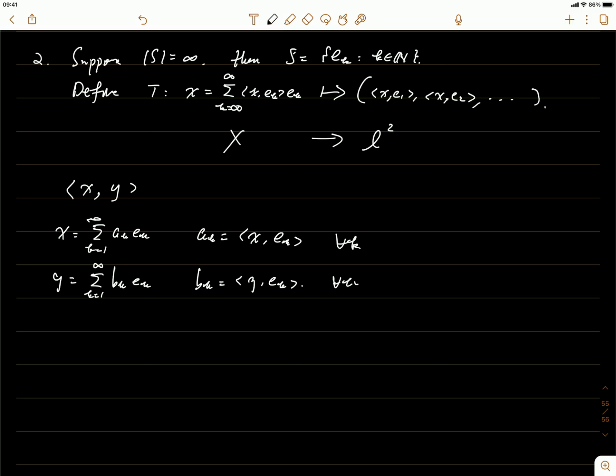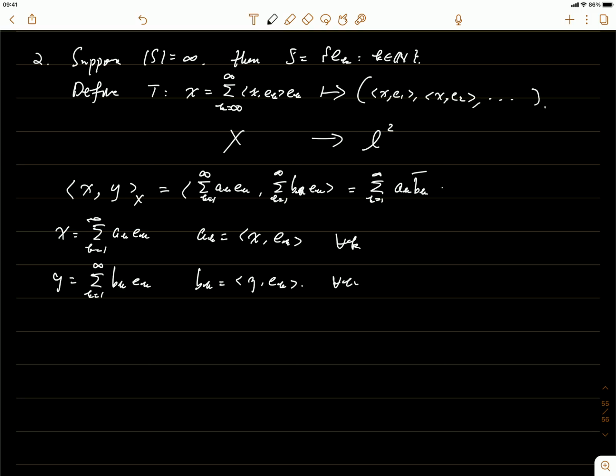Now the inner product of x and y, we know that's still in X. This is just the inner product of the sum of a_k e_k, k from 1 to infinity, and the sum of b_k e_k. Because the e_k form an orthonormal basis, it's pretty easy to show that it's essentially just the sum of a_k b_k. That's if it's a real Hilbert space; if it's complex valued, then you just have the conjugate.